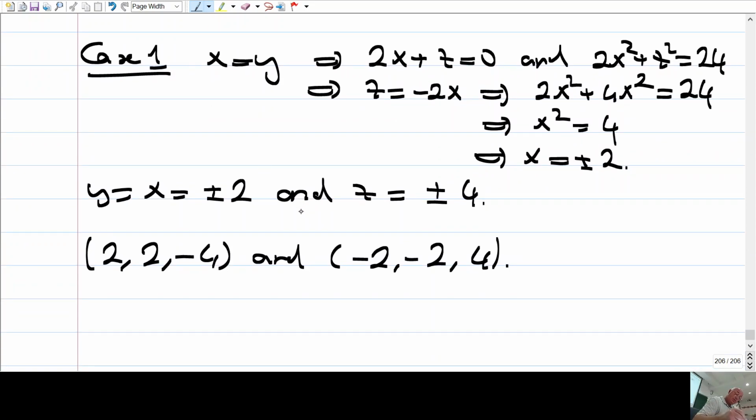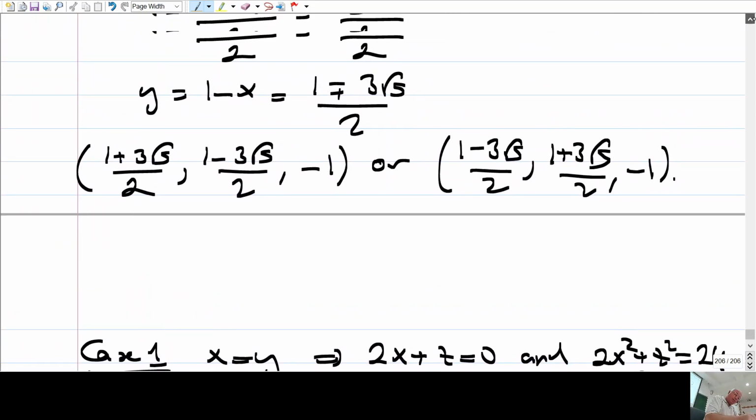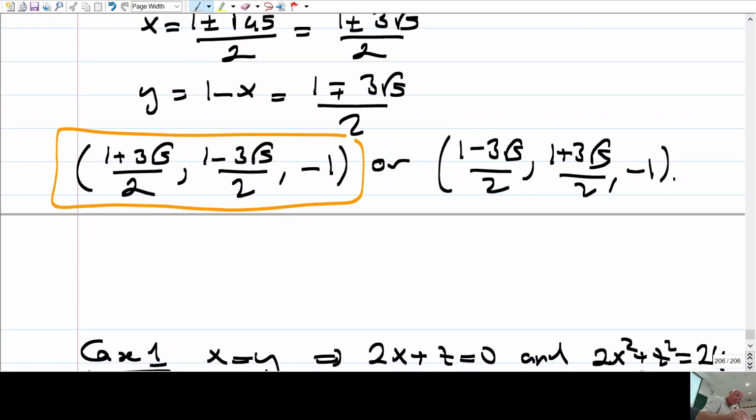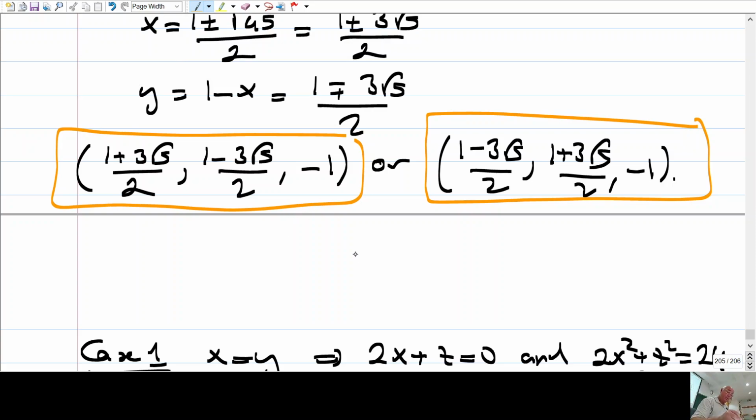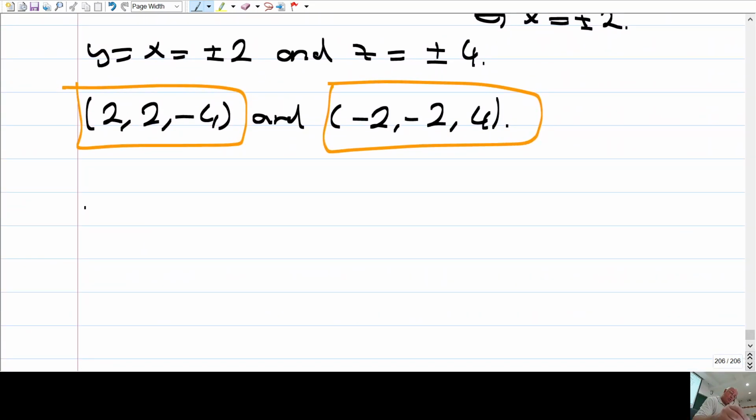Let me just use a different color, like these 2 points and these 2 points. And we just need to compute our function at these 4 points to decide whether f has a maximum or minimum at these points. So f of x, y, z was, let me check, what was this function? xy plus 2z.